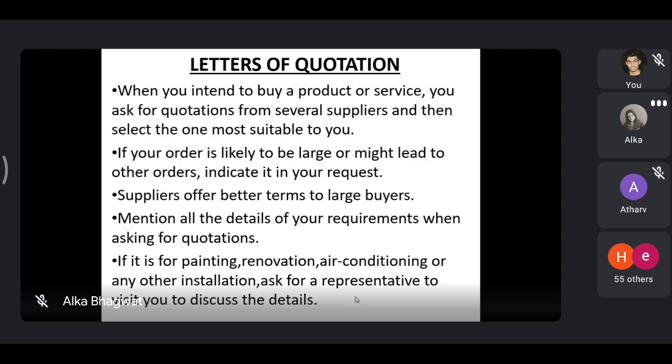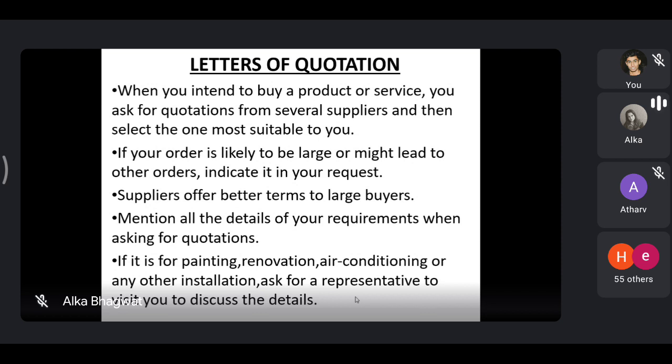So whenever I want to order cutlery, I will ask for a quotation from at least about 10 people, isn't it? That is why, when we intend to buy any product or service, we ask for quotations from several suppliers, and then we select the one most suitable to us.